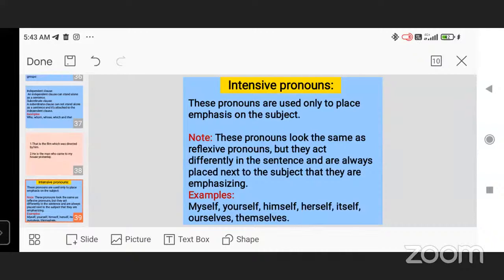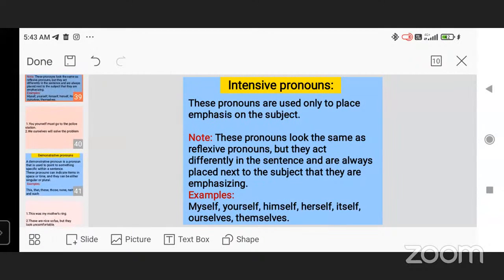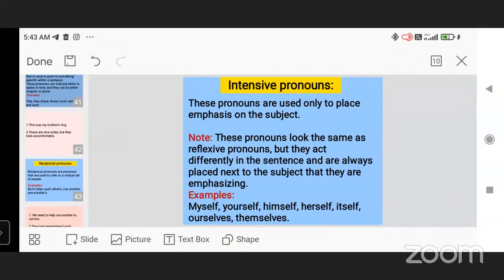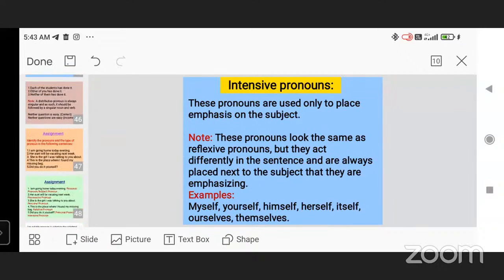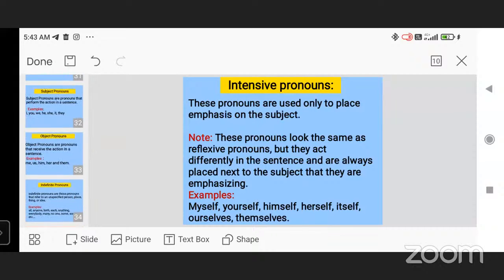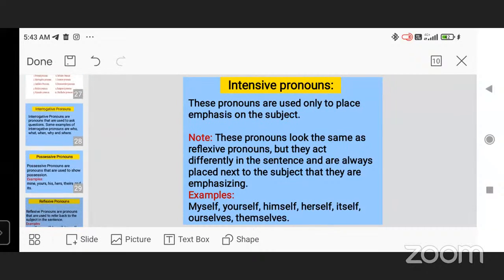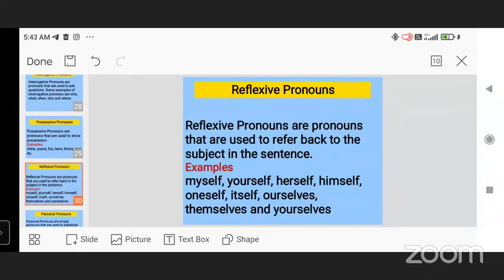So here you will have a doubt between a reflexive pronoun and an intensive pronoun. Did I teach you reflexive pronoun? Yes, ma'am, you taught us. So see here, this is a reflexive pronoun. Myself, yourself, herself, himself, oneself, itself, ourselves, themselves. These are all reflexive pronouns. If these words come, you will be given the option as reflexive pronoun.